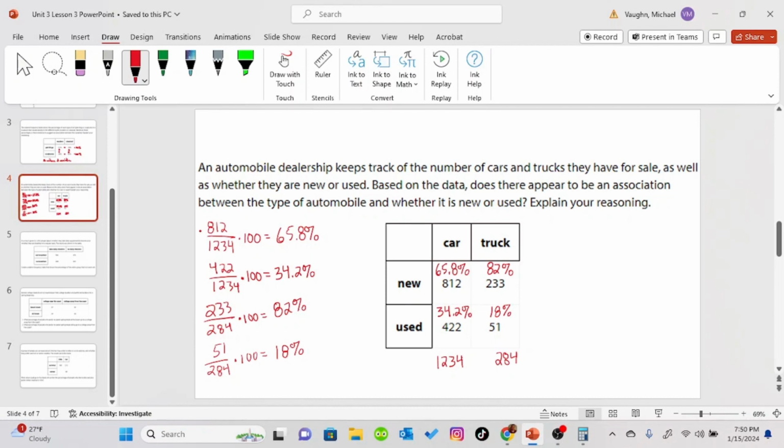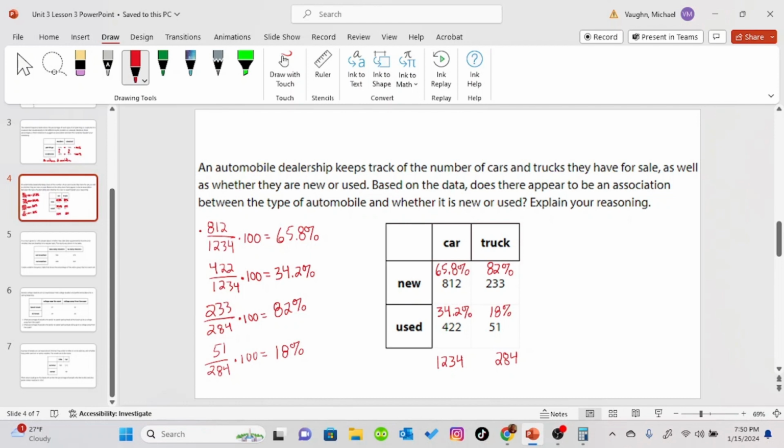So now if we're trying to decide whether or not there appears to be an association, we look at these percentages. If you're picking a truck, it's 82% chance that that truck will be new. But if someone is picking a car, it's only about 66% chance that it'll be new.